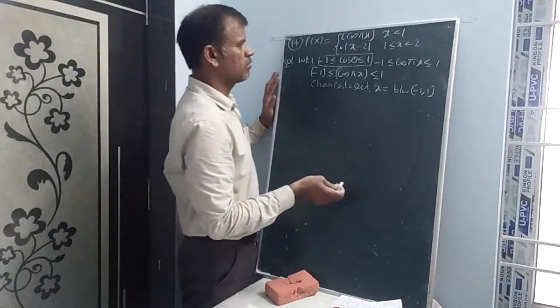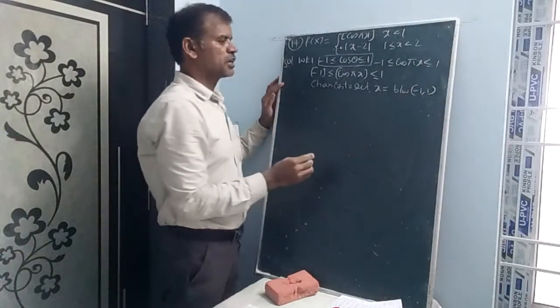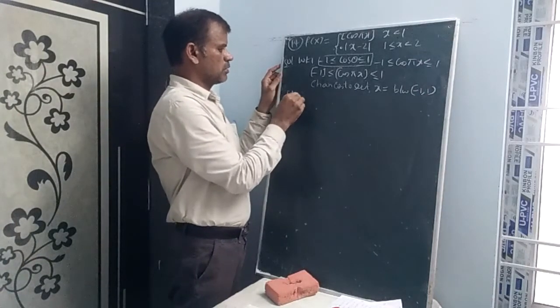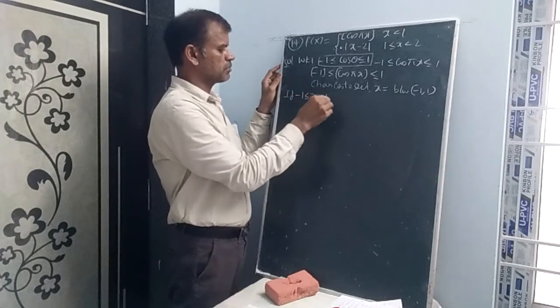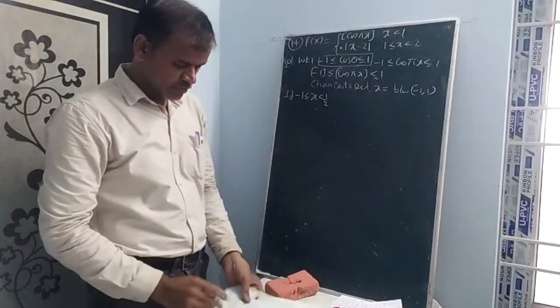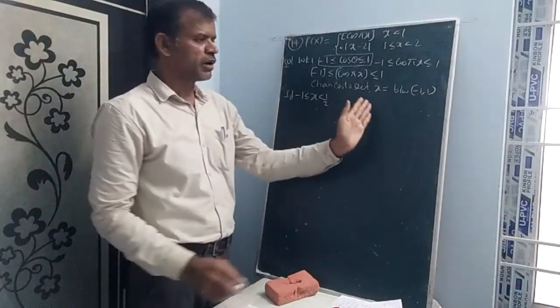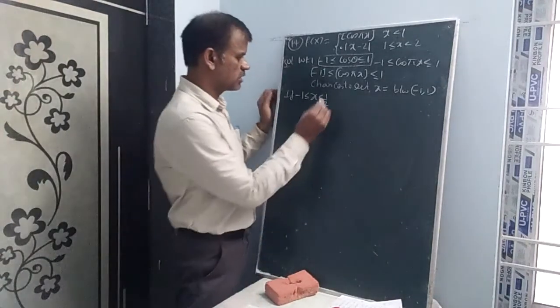Minus 1 and 1. Now the cases will arise. If minus 1 less than x less than 1 by 2, we can consider minus 1, minus 1 by 2, 0, 1 by 2, 1 like that.